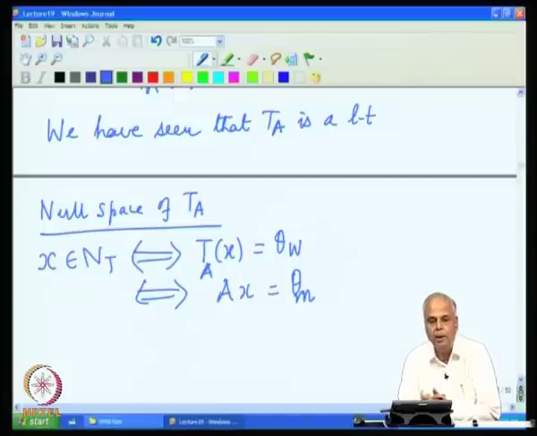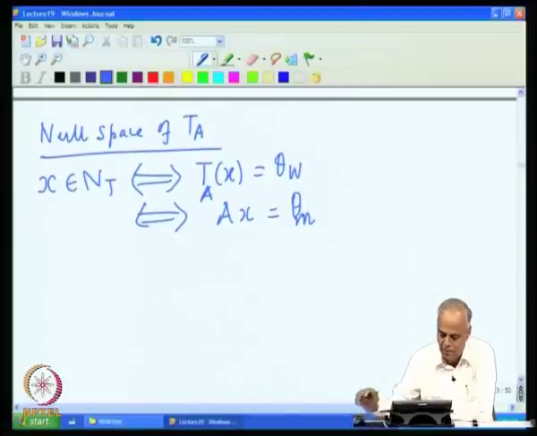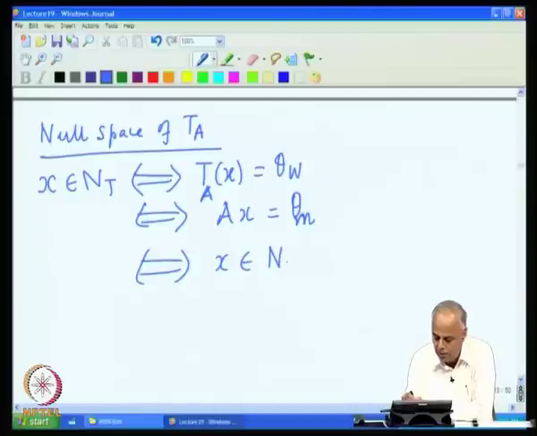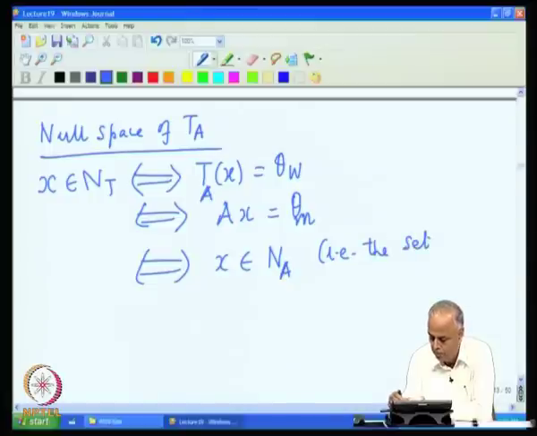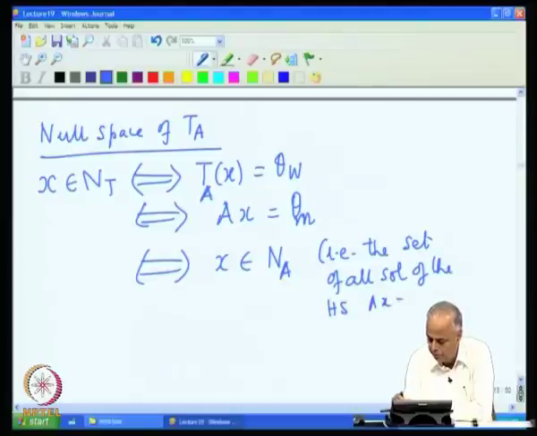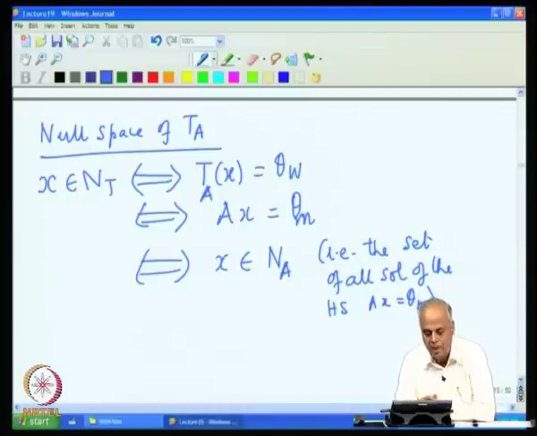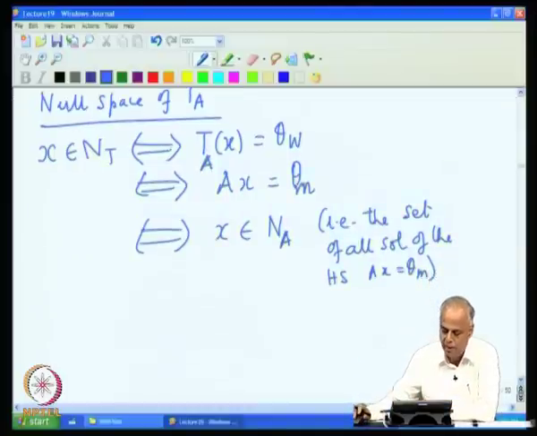So, this is simply the homogeneous system of equations A x equal to theta_m, and the solutions of this is what is known as the null space of the matrix A. So, x belongs to the null space of T if and only if x belongs to the null space of the matrix A, that is, the set of all solutions of the homogeneous system A x equal to theta. So, the null space of T is the same as the null space of A.